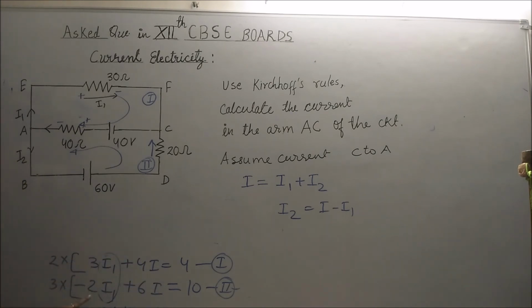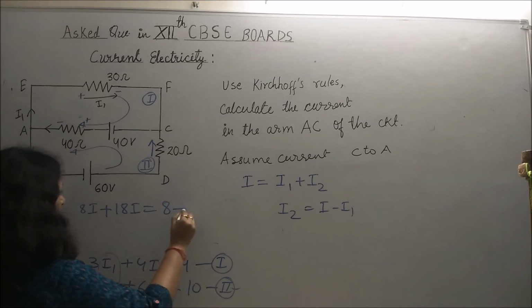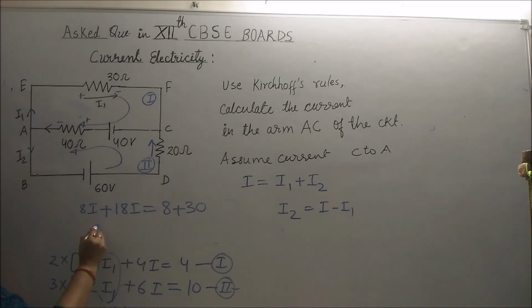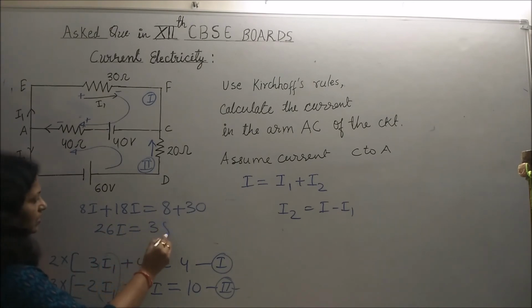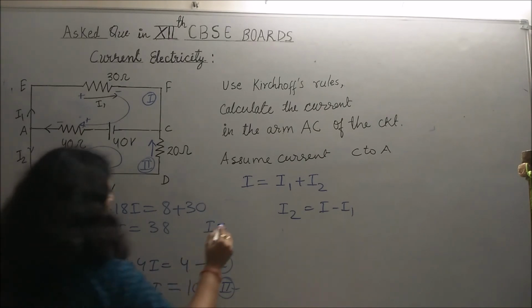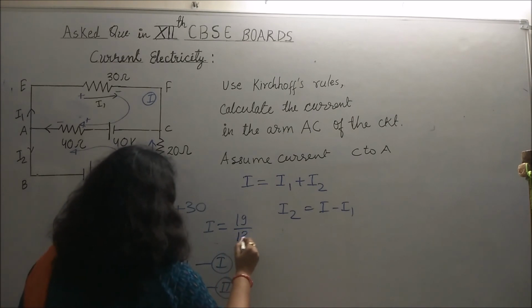So these two will be cancelled. Here 8I plus 18I is equal to 8 plus 30. So 26I is equal to 38. So our I comes to 19 by 13.